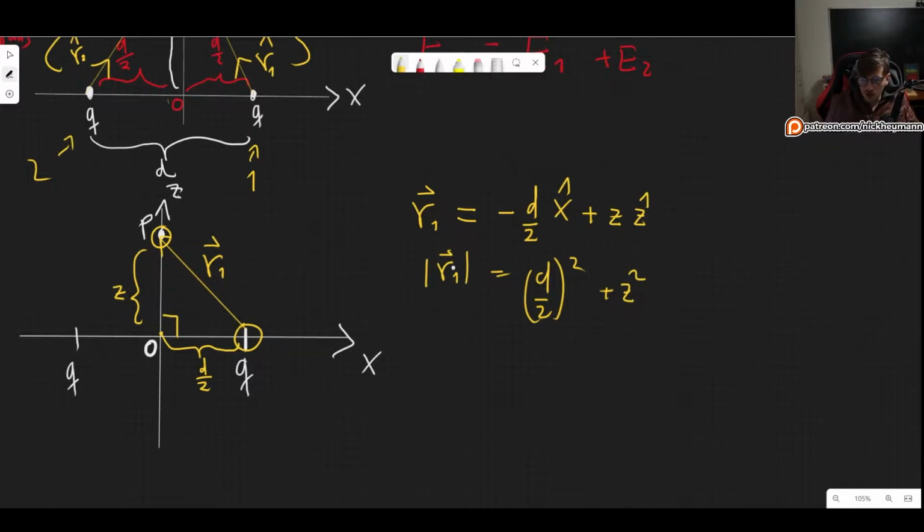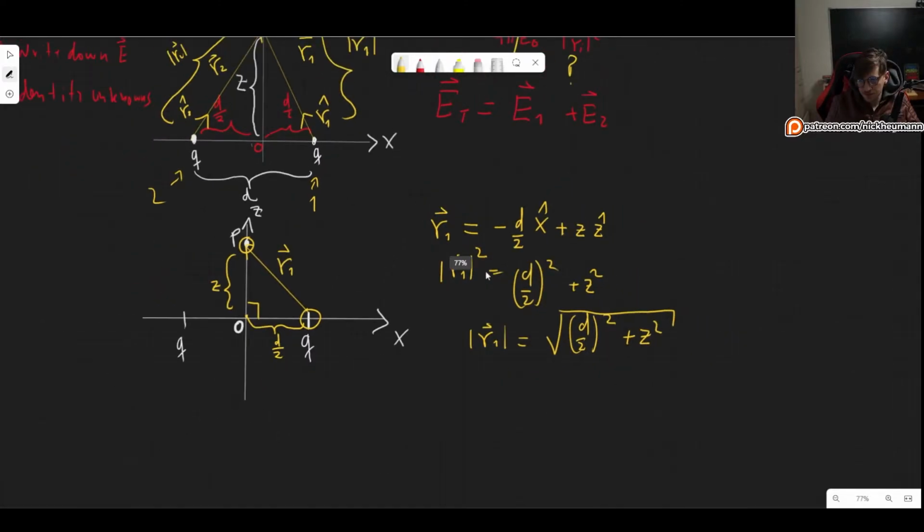So the modulus of this thing squared. But of course, if you just want to find the modulus, you take the square root, and we end up with the square root of d over 2 squared plus z squared.